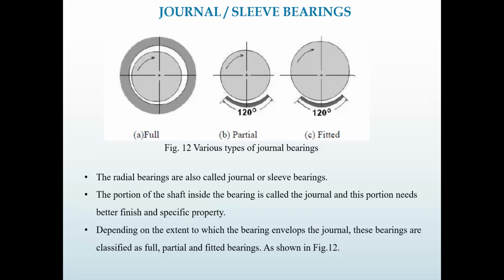In an IC engine, reciprocating motion occurs, whereas here rotary motion, or radial rotation, occurs. From the load point of view, only radial load is considered. Depending upon the extent to which the bearing surrounds the journal, these bearings are classified as full, partial, and fitted bearing, which is shown previously.